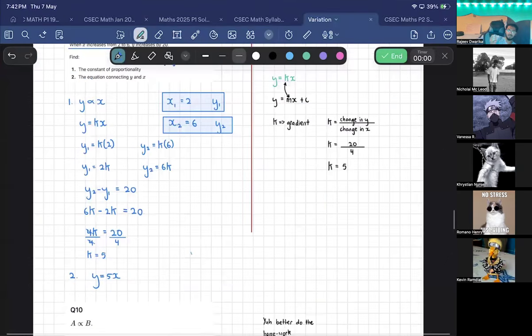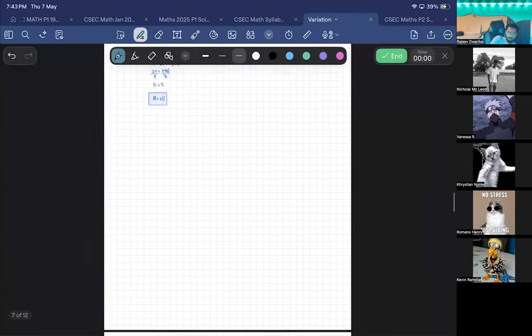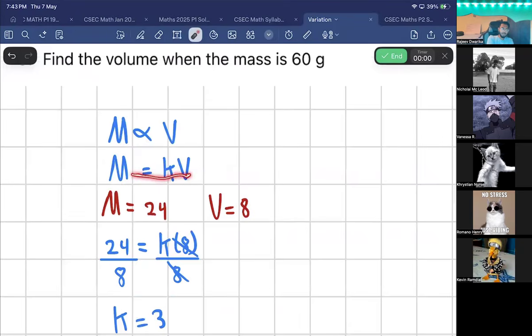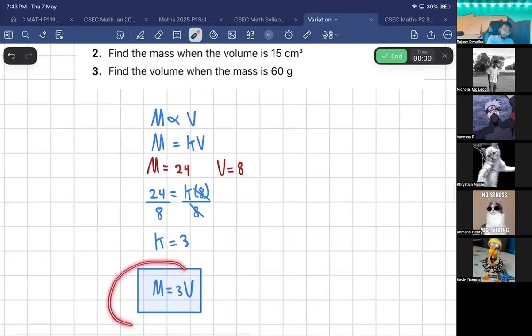You'll quantify it. Remember at the end I asked you mass is just how much times volume? Well, now you know that mass is just 3 times the volume. We just put equal to kV as a placeholder. K is just a placeholder for the actual value. This is a general statement, but we want to come up with a specific statement.